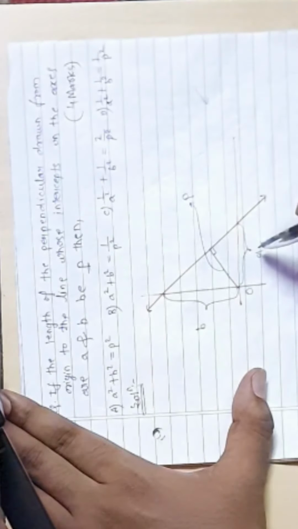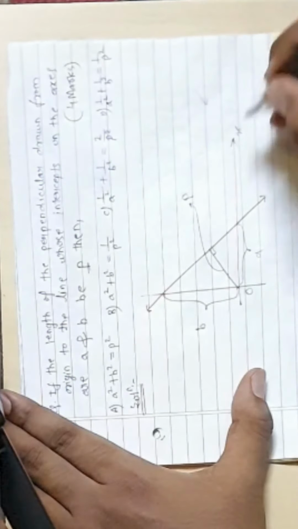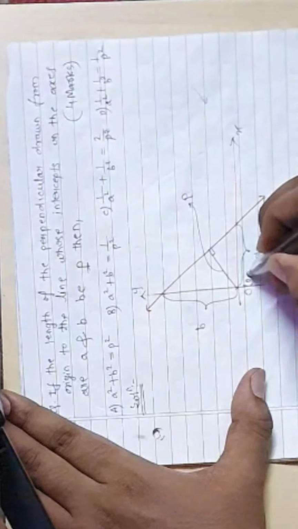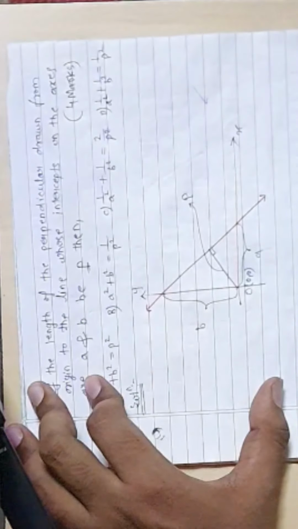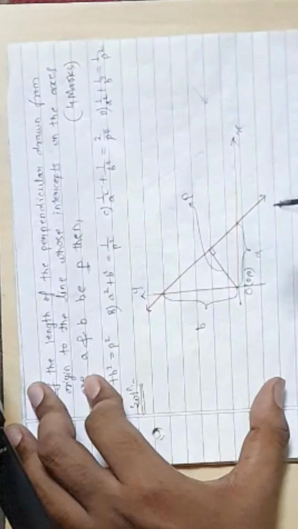And the intercepts are A and B. So this is the x-axis and this is the y-axis. And we know that the coordinates of the origin are 0, 0. To apply the perpendicular distance formula, we first have to know the equation of the line.